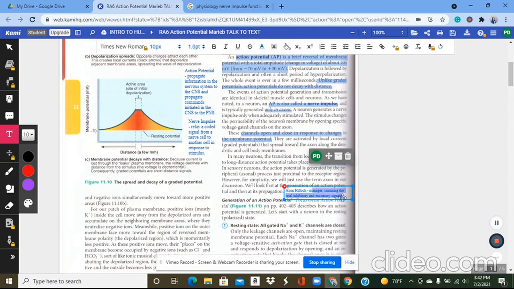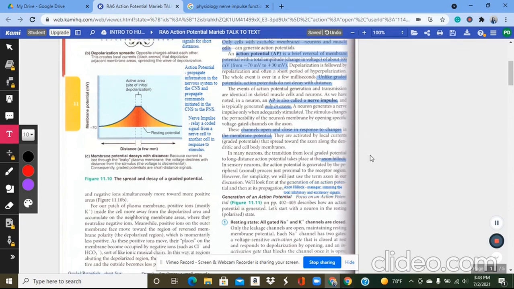So basically the axon hillock is something that sums the total inhibitory and excitatory signals.